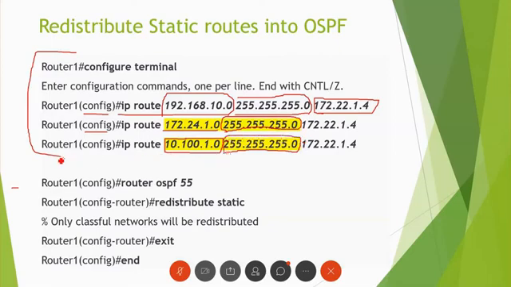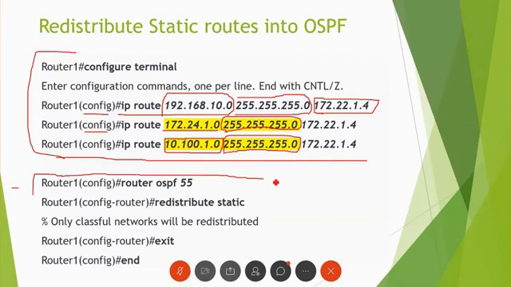So this is the static route configuration, and in the second part we have the OSPF configuration. Router OSPF, this is called the process ID. We can give any number, but there's a range, 0 to 65535 or something. So it's called the process ID. Once you are in the OSPF configuration, we give the command redistribute.